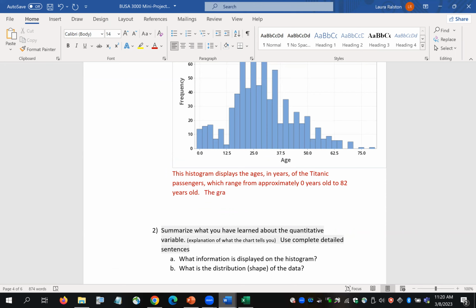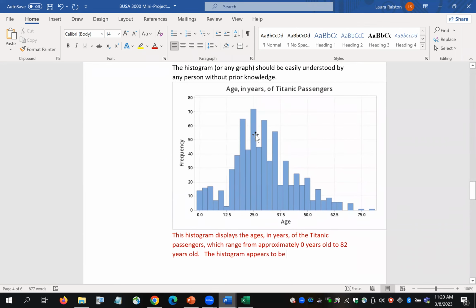The histogram appears to be, let's see. You got to think about, do you think it's skewed left, skewed right, symmetric? To me, it kind of looks like it might be symmetric.